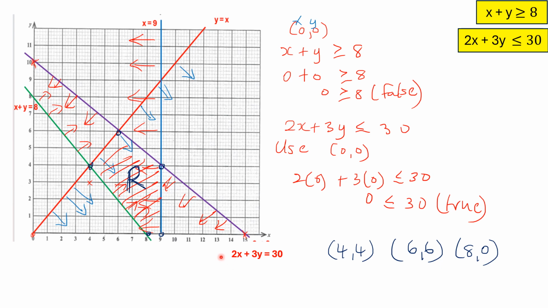Then we have 9, 0. Then we have 9, 4. And 6. I think that's it. 5 points: 1, 2, 3, 4, 5 points.